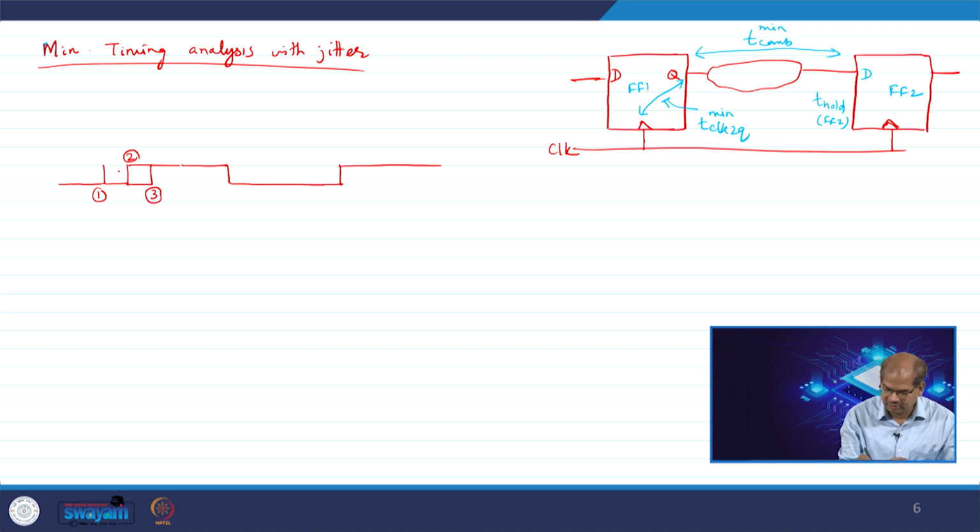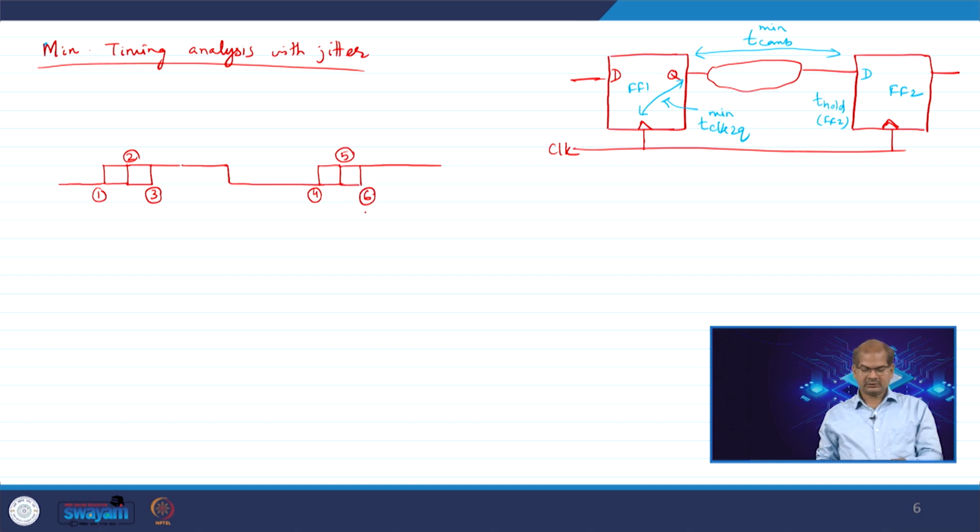So, the edge can vary anywhere between 1 to 3, and this is the launch clock edge. This is the capture clock edge. Here this is 4, this is 5, and this is 6.